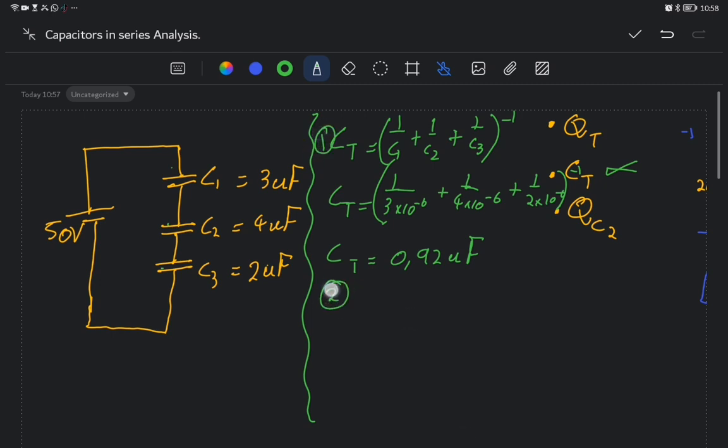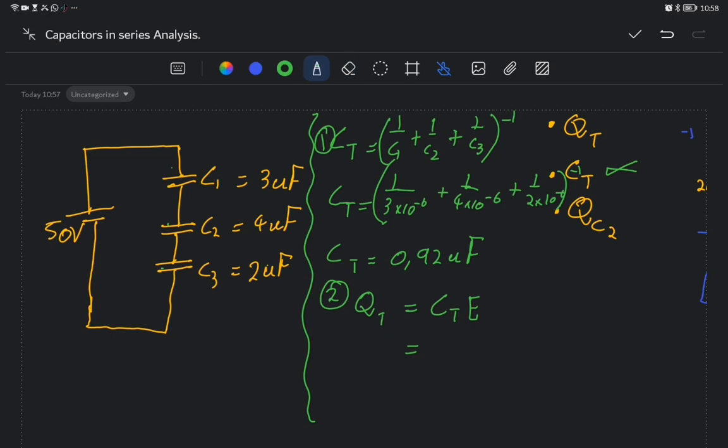So number two, we need to find Q total. Remember we said Q total is equal to C total multiplied by E, because this originates from Q is equal to C multiplied by V. Now let's substitute. Just wanted to show you what that comes from.